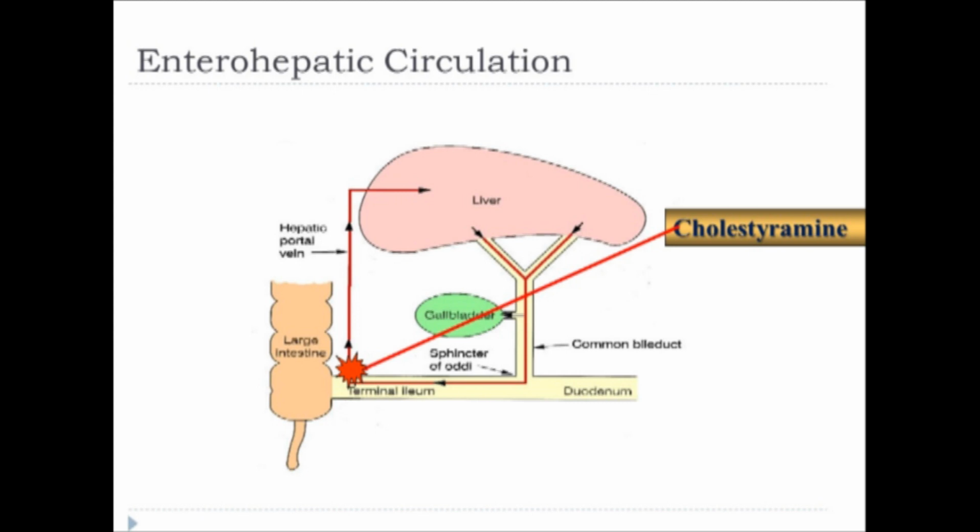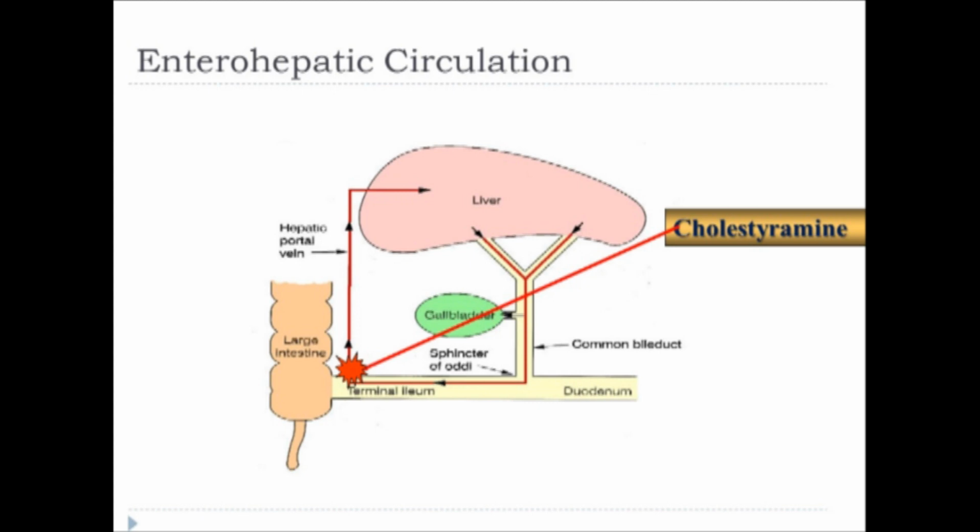We can see here how the liver produces bile from the right and left hepatic ducts, and how they converge together and align with the cystic duct, which drains essentially the bile from the gallbladder, and how it enters the duodenum, moves down the duodenum to the jejunum, and around the terminal ileum, it gets reabsorbed through the enterohepatic circulation back to the liver, where the byproducts of bile are resynthesized into bile again and also into cholesterol.